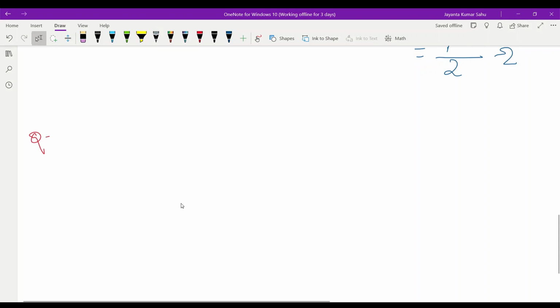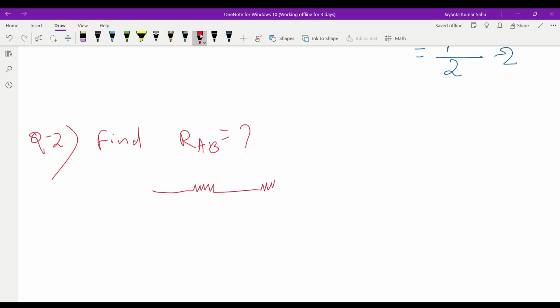Question number 2. Find RAB. This is the question. We calculate the RAB.